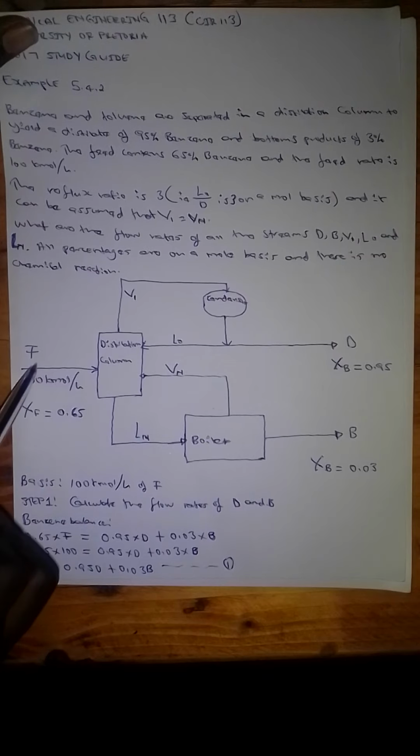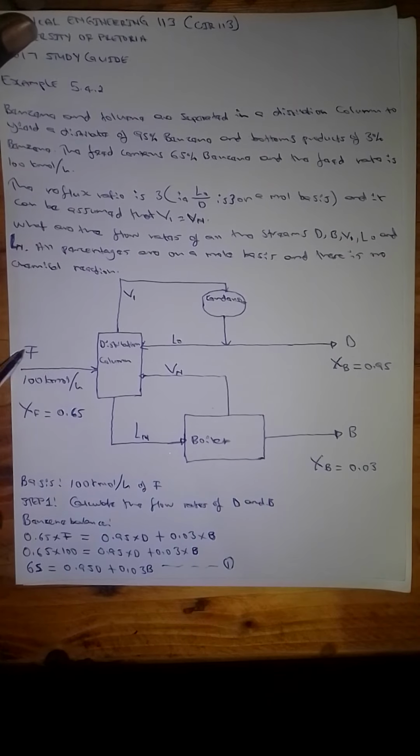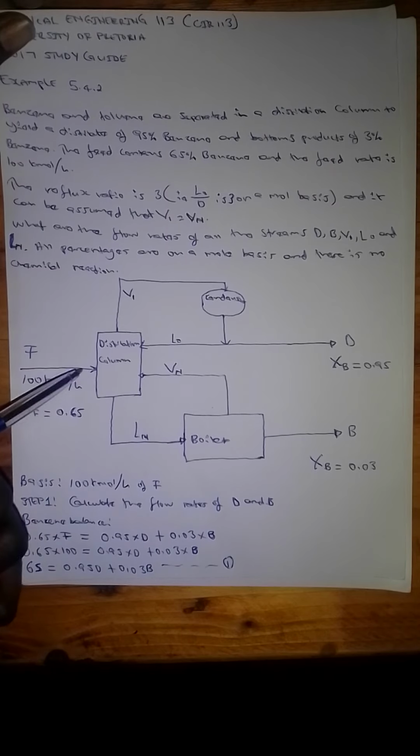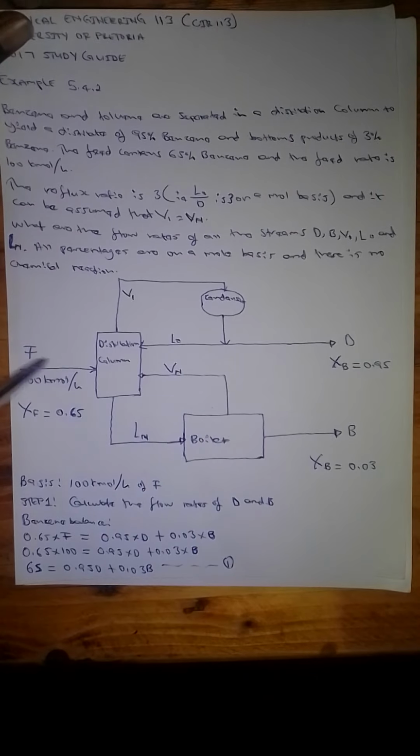So it's always easy to say F equals D plus B, because F is coming into the system in one stream and then it's leaving in two streams. So we know that F equals D plus B.